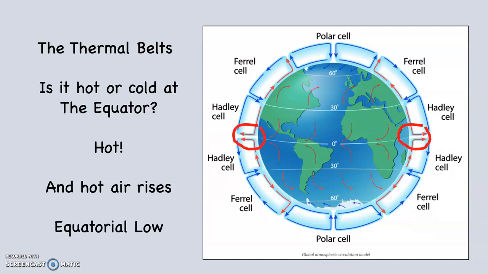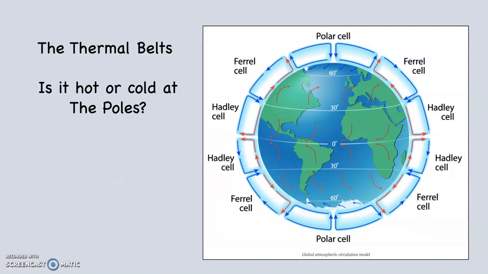So you can see I circled the equatorial lows. And if you look carefully, you can see that there are also red arrows rising away from the surface of the planet, indicating that hot rising air. Therefore, the equatorial low is the first of our thermally induced pressure belts. It is exclusively the result of hot rising air, thermal.